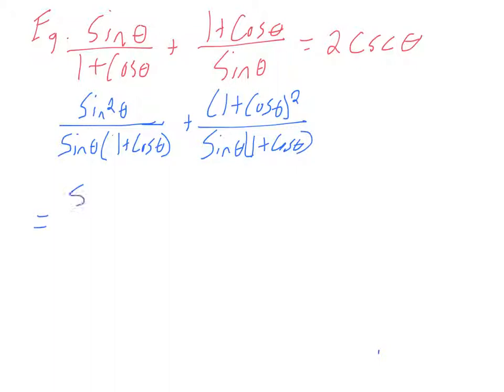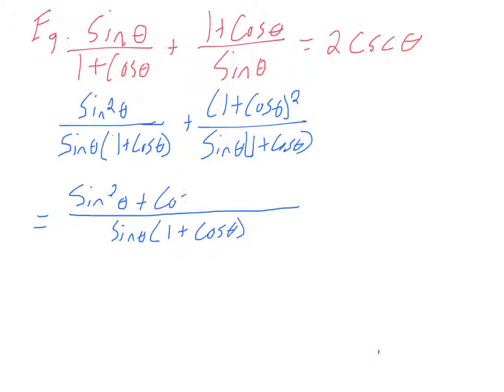So if I go ahead and add this together into 1, I'm also going to multiply out the 1 plus cosine theta squared. I'll end up with sine theta times 1 plus cosine theta on bottom there. If I multiply this out, I will get cosine squared theta plus 2 cosine theta plus 1.